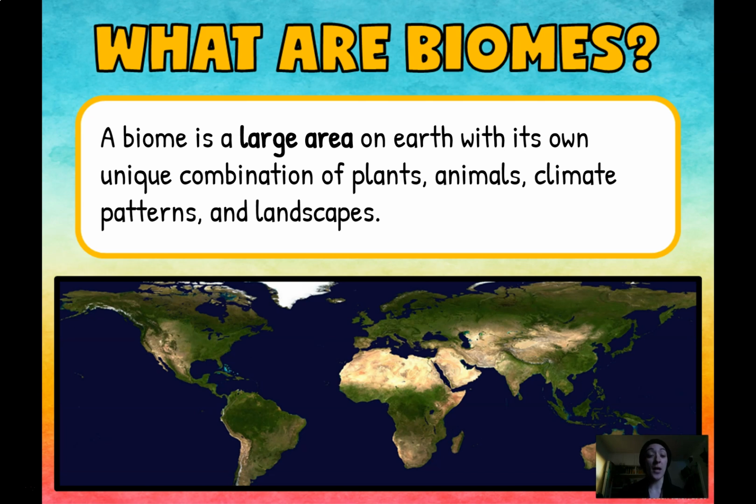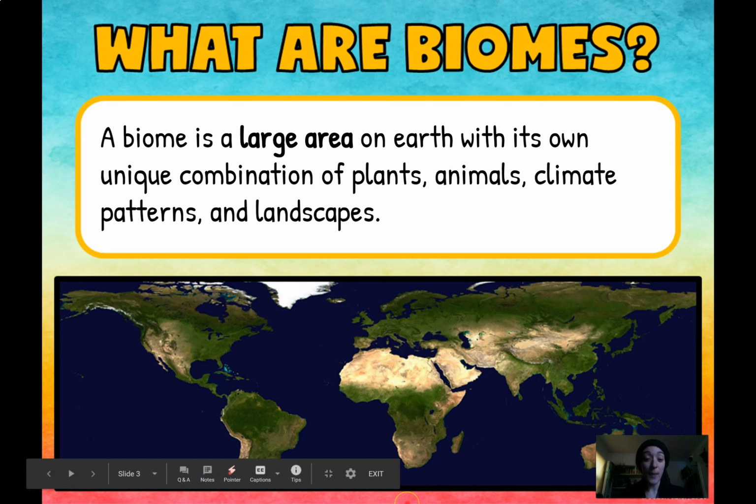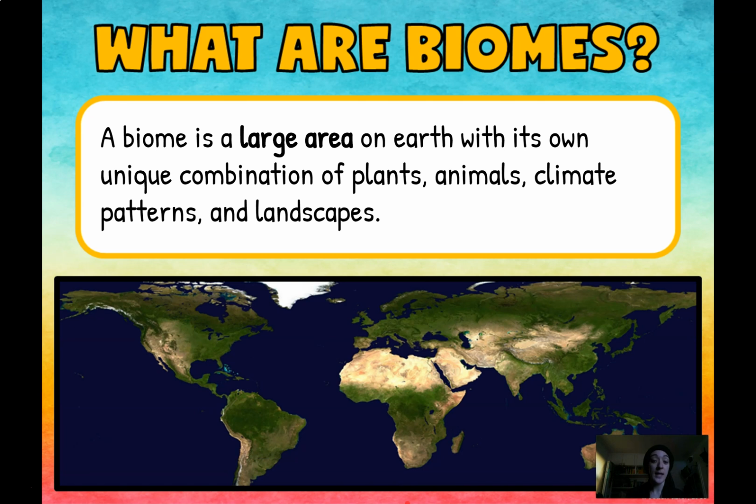So a biome would be a whole entire region on a map, like a forest, a desert, an entire grassland, or an entire plain. So when you look at the map of the Earth, you can see biomes from space, these large regions of different types of plants and animals and climate. Right?